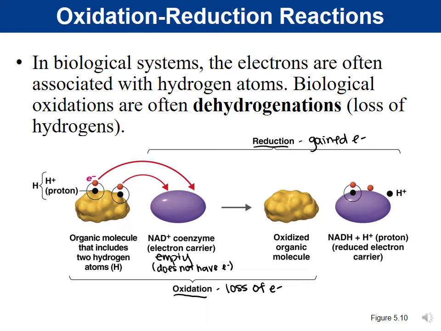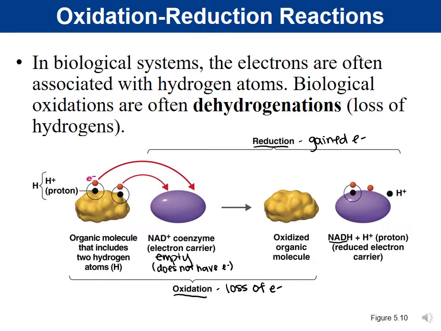This is a reduction because we've gained electrons. And so the way that that works is that this whole hydrogen, so one whole hydrogen gets transferred. So that is a proton plus the electron gets transferred. That's the NADH. So one whole hydrogen gets moved. And for the other hydrogen, only the electron gets transferred onto the NAD+.